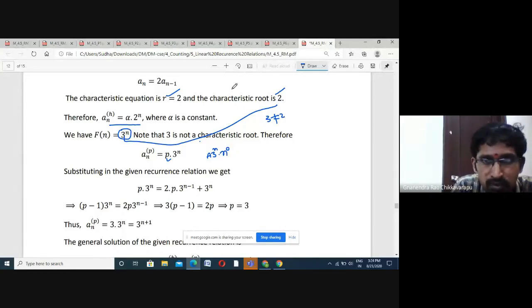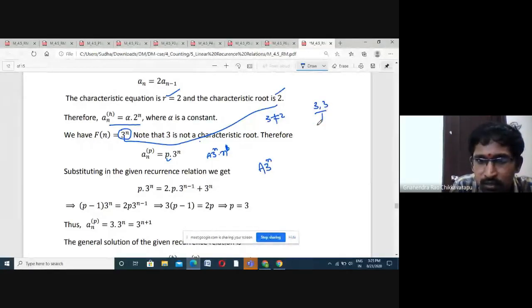Suppose 3 is a characteristic root of order 1, that means r is equal to 3. Here 3^n is there, that means 3 appears here once. Then you need to write n^1 in addition. Suppose 3 appears twice, that is, f(n) is 3^n and 3 appears as a characteristic root of order 2.